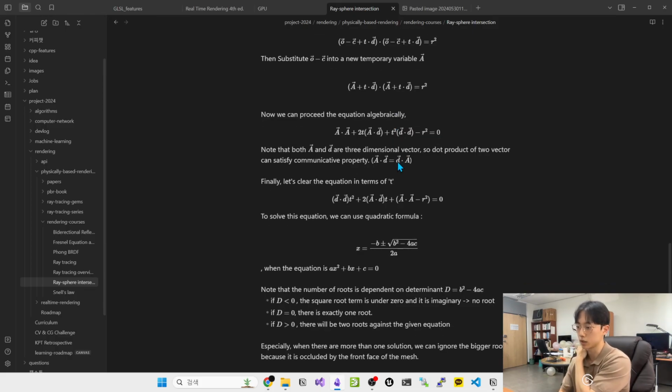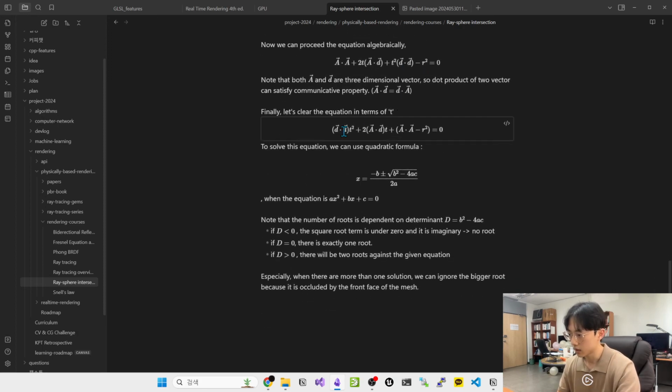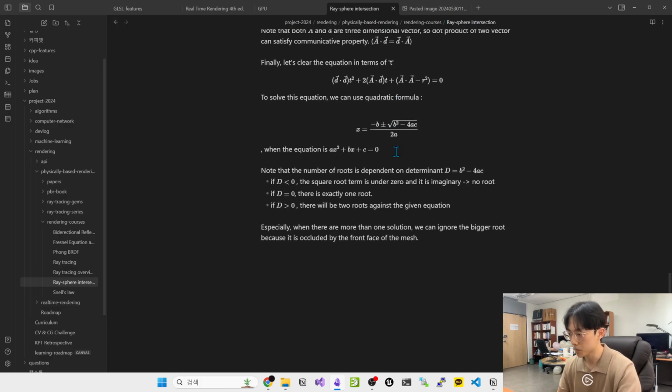And we can proceed with the equation algebraically. Then we can reorder the equation in terms of t, because we want to solve the equation for t.